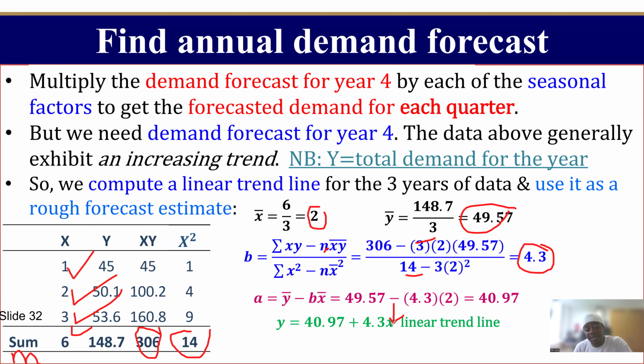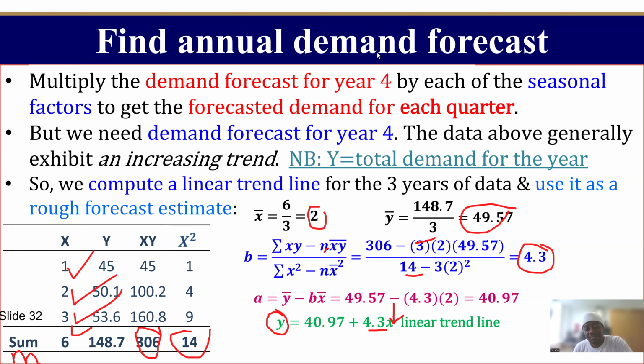So you put 4 there, multiply the 4 by the 4.3. Whatever answer you get, you add it to this 40.97, and that will give you the demand forecast for year 4. Not for quarter 4, but for year 4. You will get this in an exam. Take it.